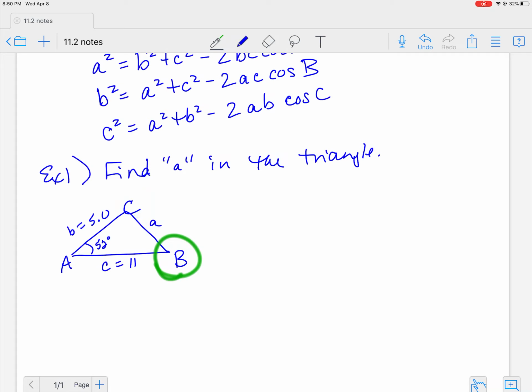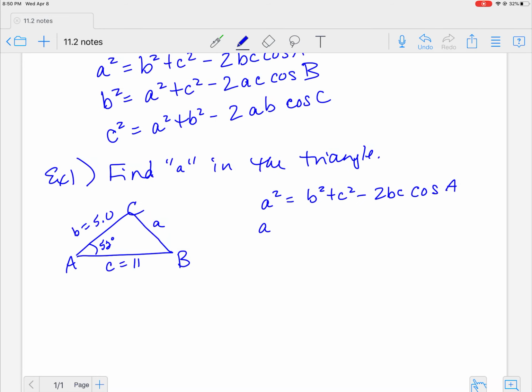A, of course, is across from that. C is equal to 11. And angle A is 52 degrees. All right? Side, angle, side. I don't have any matches. I don't know what C is, and I can't figure it out because I don't know what B is, right? So my angles are out. That's where you have to step in and go ahead and use our law of cosines.